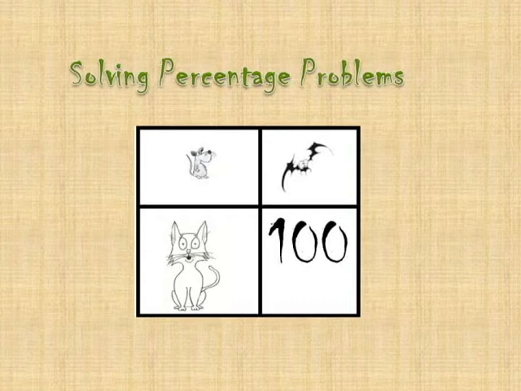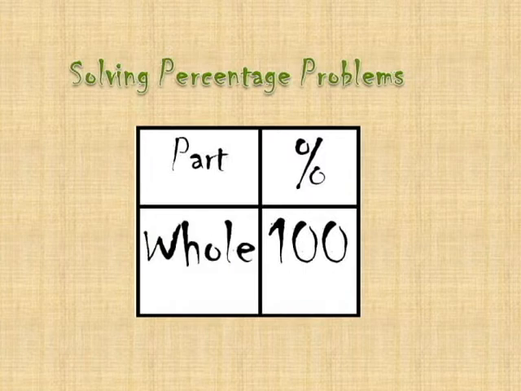So in that top right corner where you see the bat, this is where I use a percentage, where we have the little rat, that's the part, and where we have the big fat cat, that is the whole. So now you can see that this diagram has been transformed from something that was silly with a lot of cartoons into something that is going to help you to set up and solve your percentage problems.